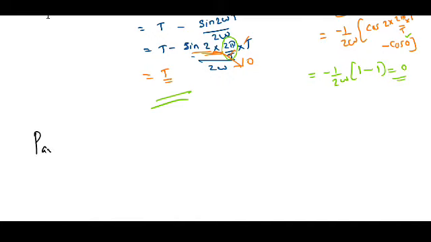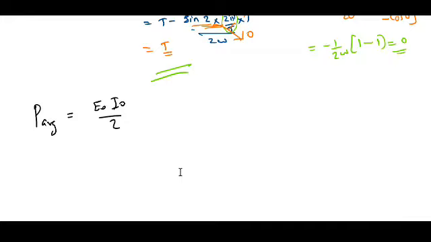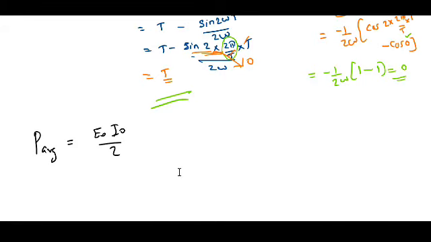P average is equal to E0 I0 by 2, and here you have this cos phi, and here you have the T, that is cos phi into T.